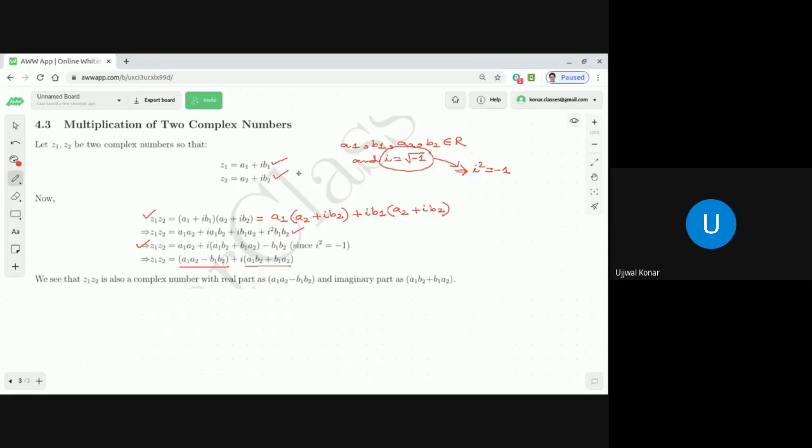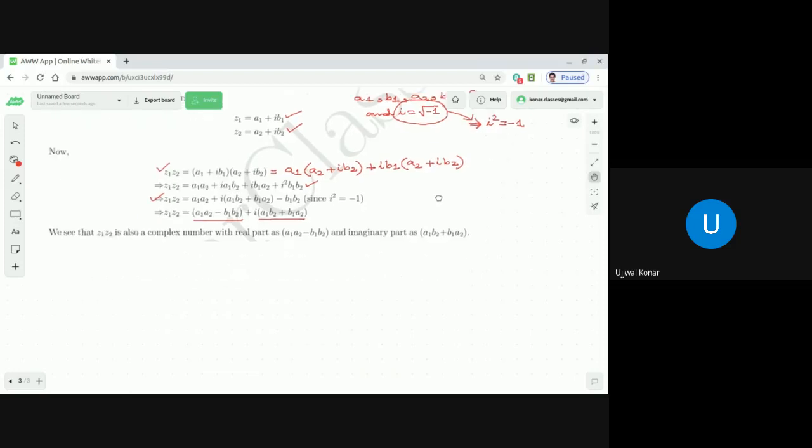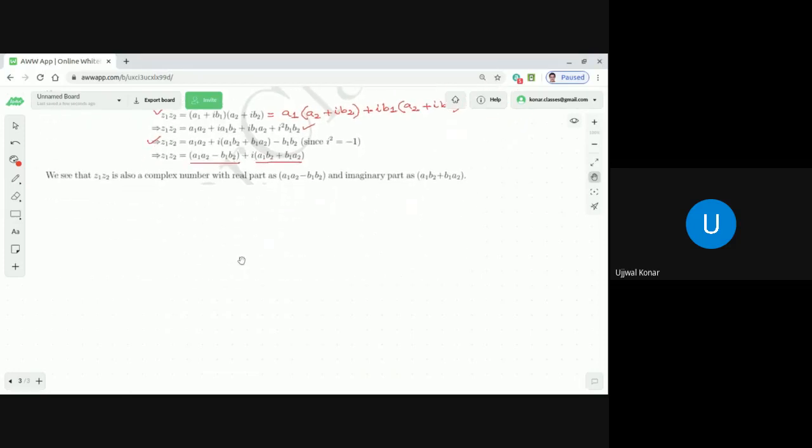So what I wanted to mean, dear students, if I just summarize about the addition, subtraction and multiplication, is that suppose you have Z1 as a complex number and you have an operator star and Z2 as a complex number. Then what are we going to get? This star could be either plus or minus or multiplication.